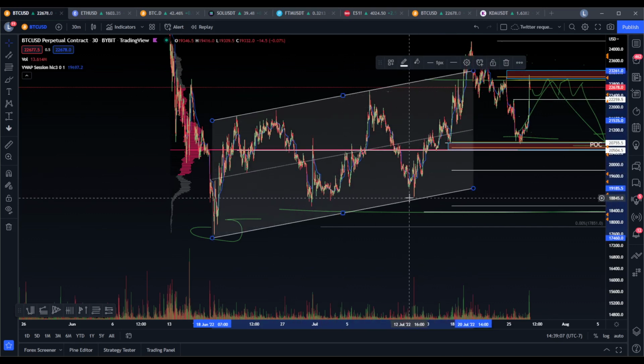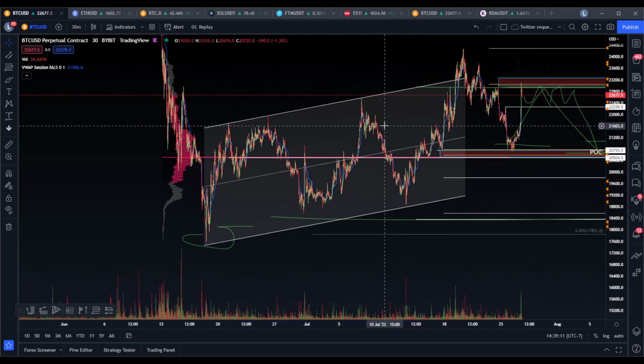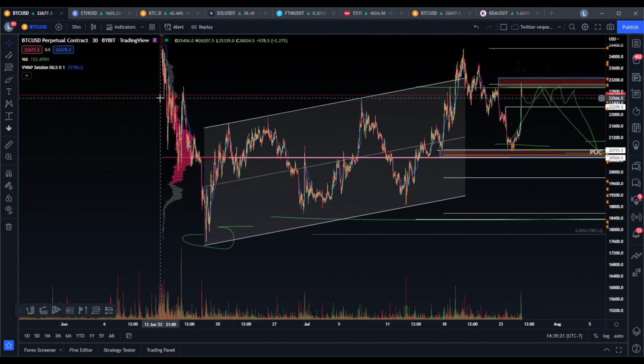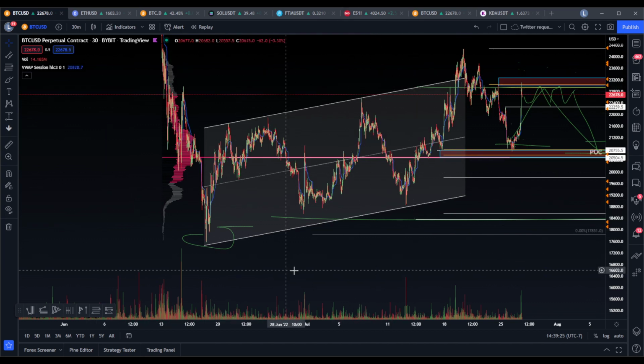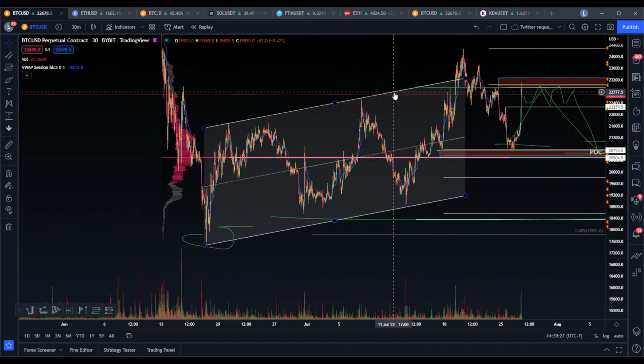Very few people were longing this, and I got shorts from the highs, and it's been relatively easy, let's say, trading this range, because the great thing about a range is it forms all these really nice key levels and ideas that are not that hard to trade.